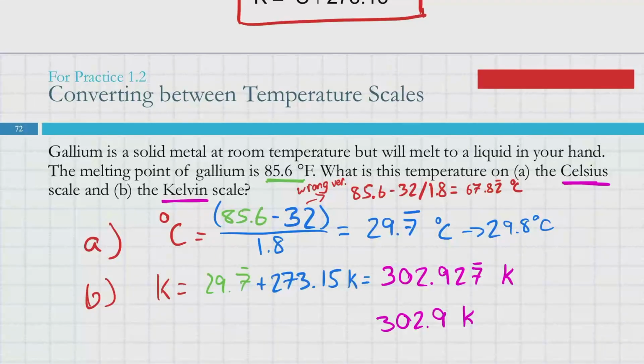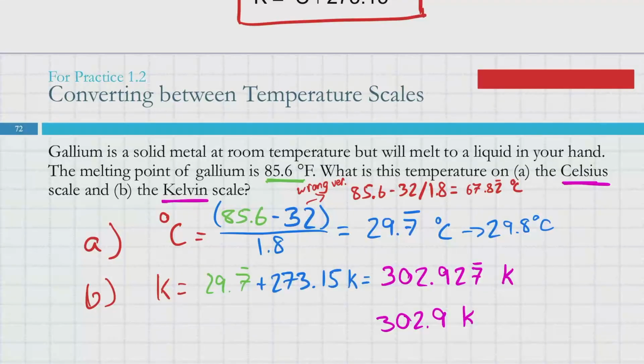So it's not going to affect our significant figures. It's not going to affect our decimal place either. So we do 85.6 minus 32. It'll give us something that's got 2 digits in front, and we'll still have that 0.6. So we'd have 3 significant figures. We divide it by 1.8. I'm assuming that's also exact. So that's not going to affect our significant figures either. So we had 3 going in. We have 3 coming out. I thought it was the lowest. Right, but the 1.8 is exact. The 32 is probably also exact. Okay.